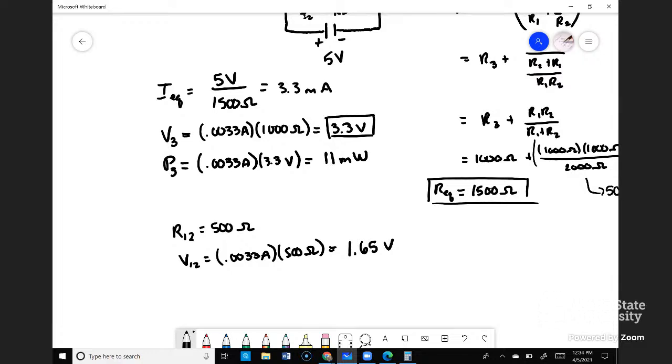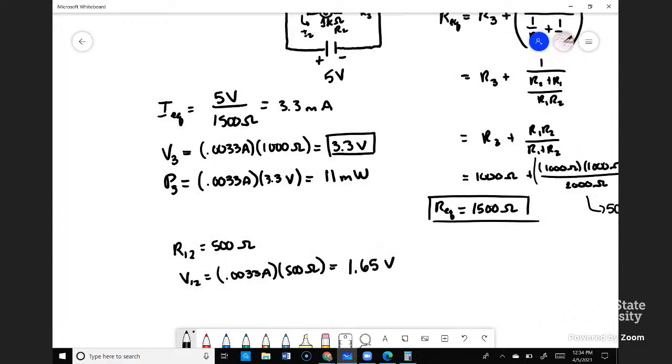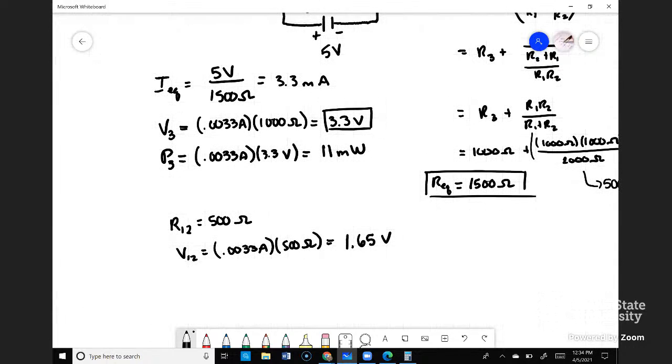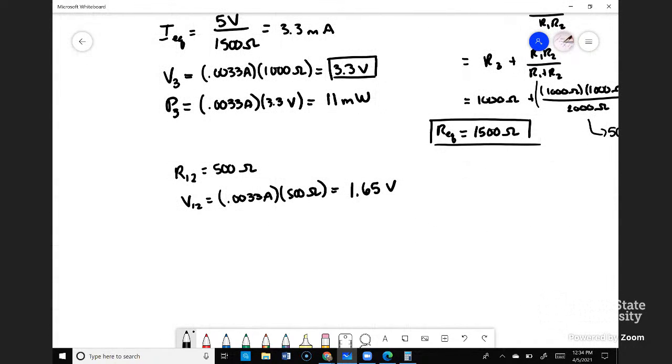So there's 1.65 volts up on the top, and there's 1.65 volts up on the bottom. So V1 equals 1.65 volts, and V2 also equals 1.65 volts.